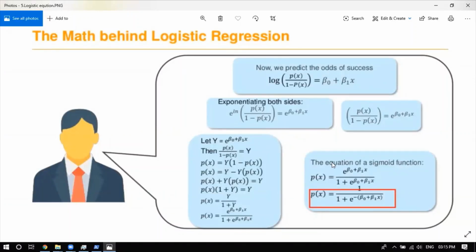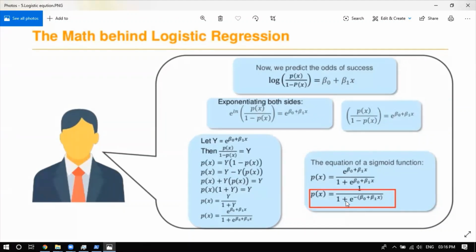Now what we did is we took this particular term, e to the power beta naught plus beta 1 x, and divided both the numerator and denominator by it. The numerator divided by the same number will give you 1, and the denominator will give you 1 plus 1 by e to the power beta naught plus beta 1 x.